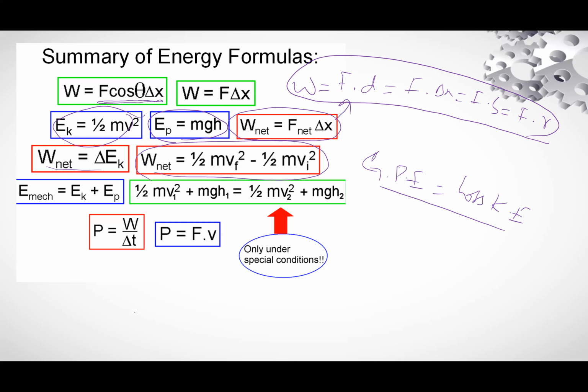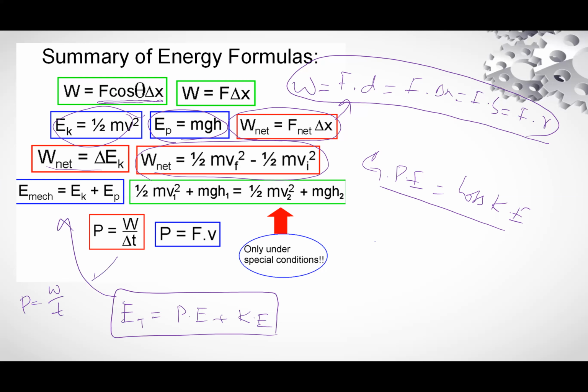E total, the total energy, will be equal to the sum of potential energy plus the sum of kinetic energy. This is this equation. Power is equal to work per unit time.